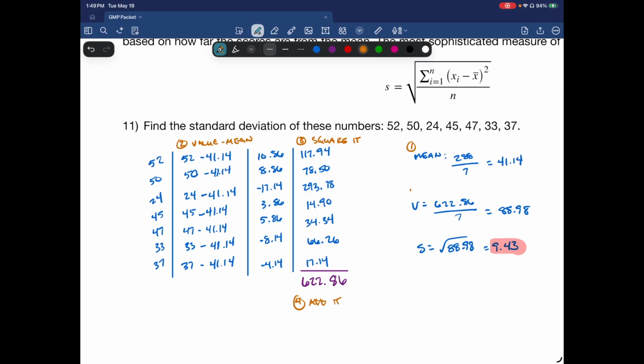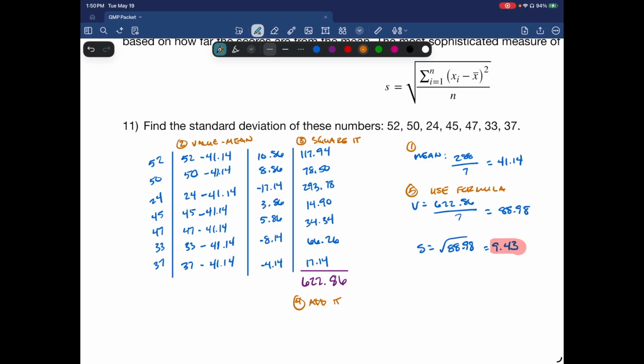And then the last thing is to use your formulas. You take that sum, put it over your number of terms, get an answer, and then take the square root of that answer. That formula looks nasty, but it's a tedious process, not a complicated one.